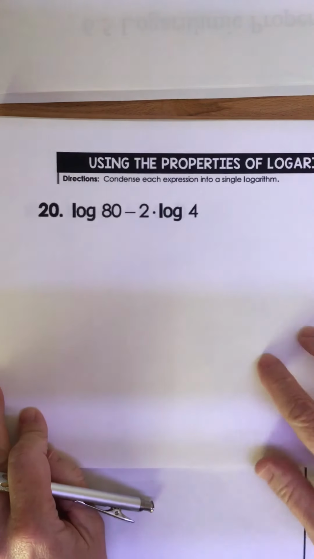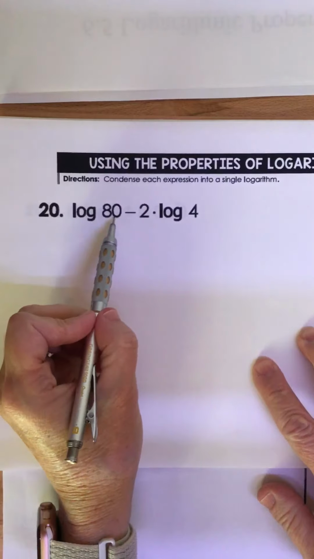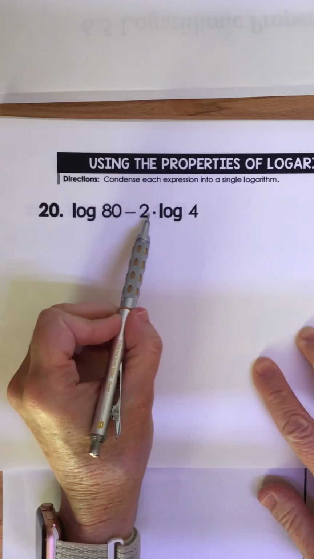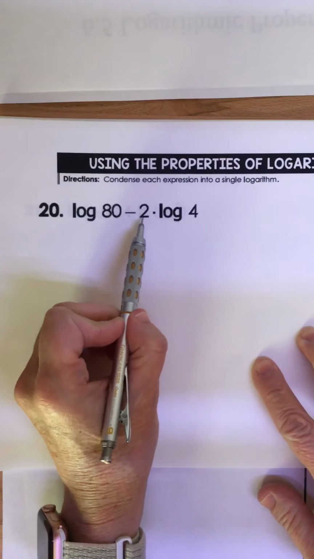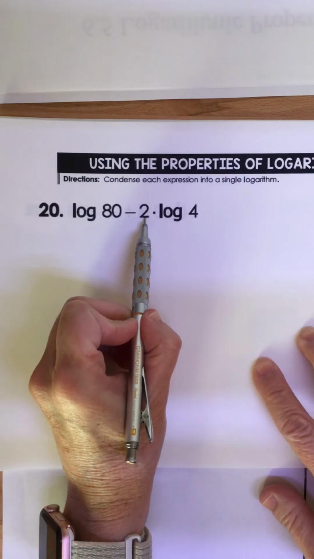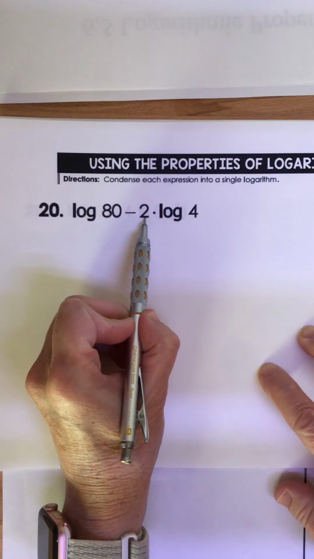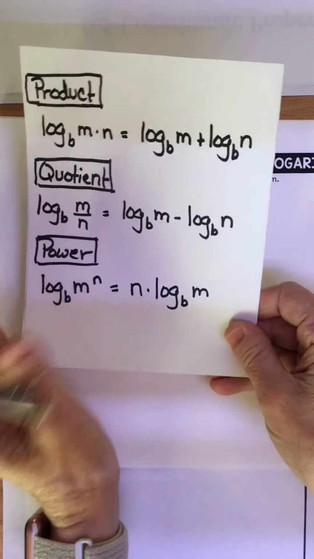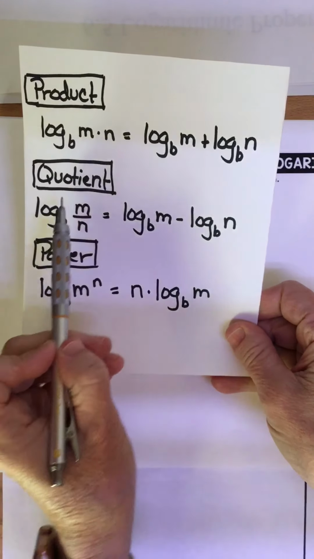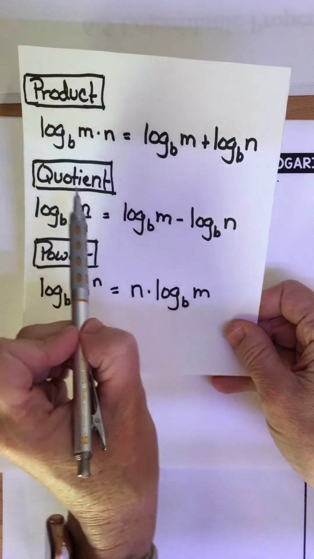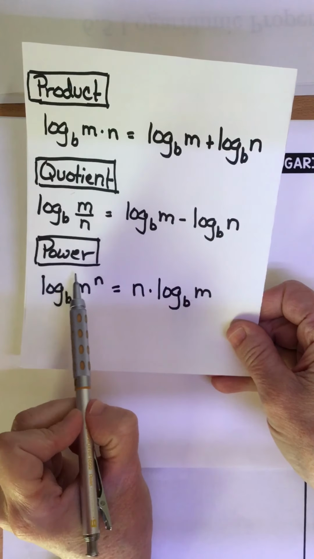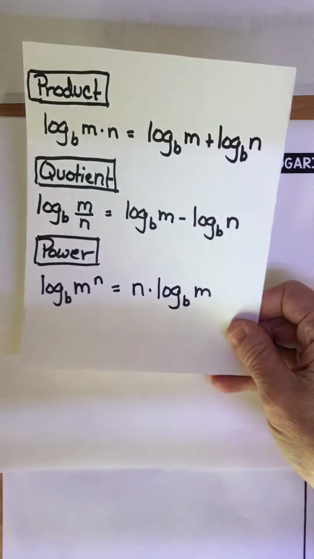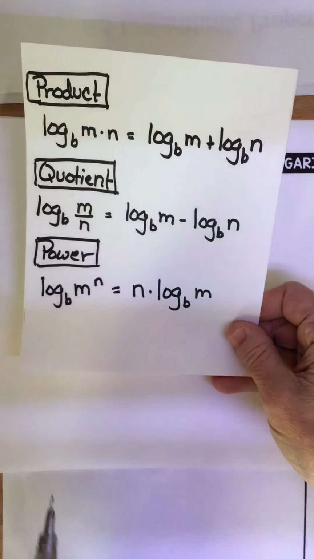So here we're continuing to condense. We want to divide because we know that we're subtracting, but we've got to take care of this first, okay? Like I said, we end up using the power property first, and then we'll use the quotient or the product. But when we're condensing, typically this is what you have to check for first, okay?